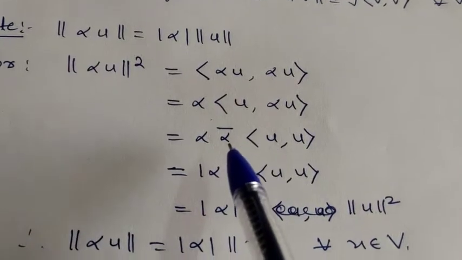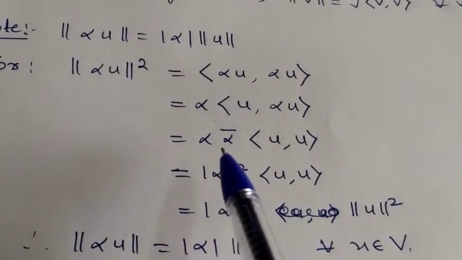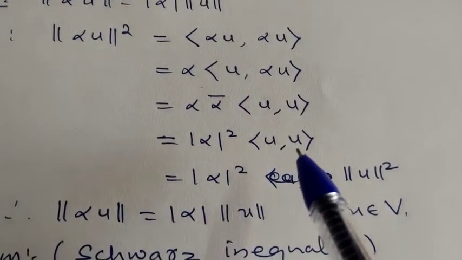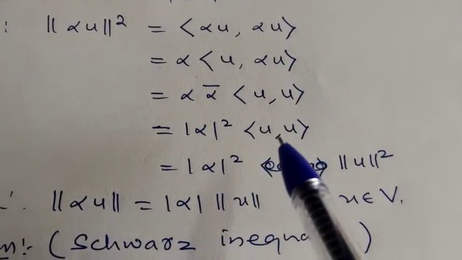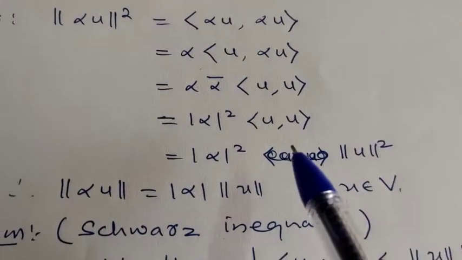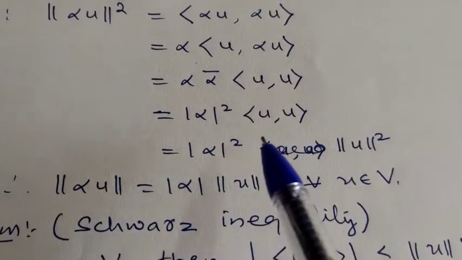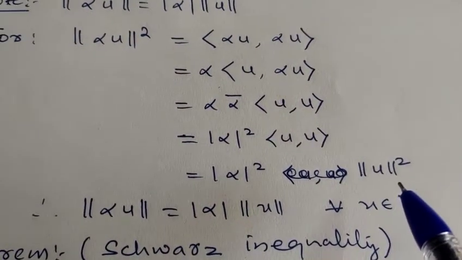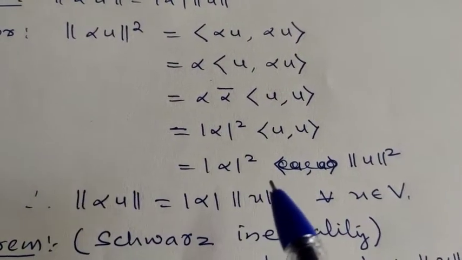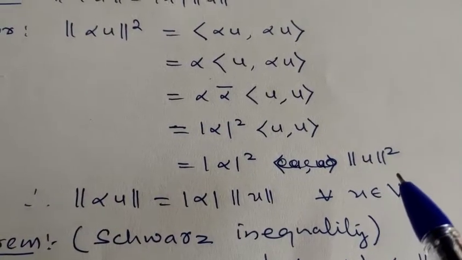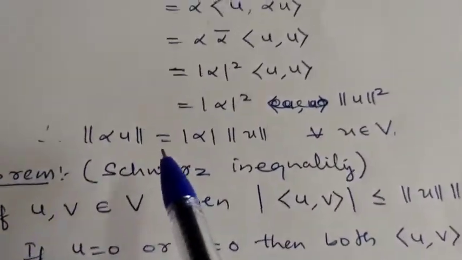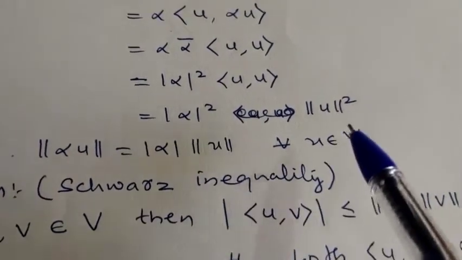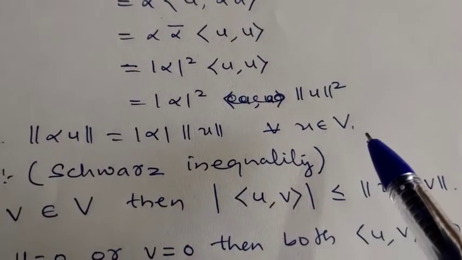Therefore alpha times alpha bar, which is mod alpha square, times ⟨u, u⟩, which can again be written as the norm of u whole square. Thus the norm of alpha u square is mod alpha square times the norm of u square, or we can declare that the norm of alpha u is equal to mod alpha times the norm of u for every element u belonging to V.